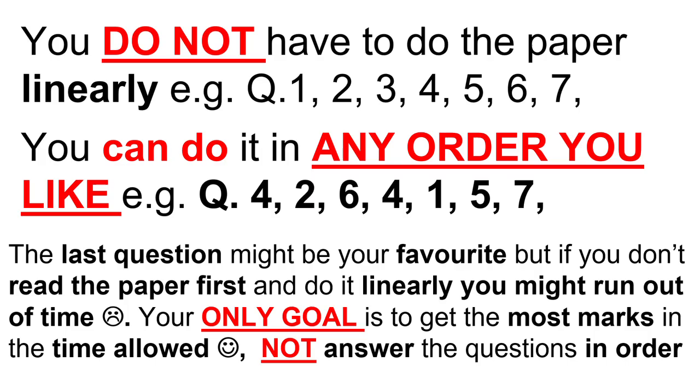And finally, you do not have to do the paper linearly. Question 1, 2, 3, 4, 5, 6, 7. You can do it in any order you like. The last question might be your favorite, but if you run out of time because you do it linearly, you might lose out on marks. Okay, so you don't have to answer the questions in order. Do your favorite questions first.